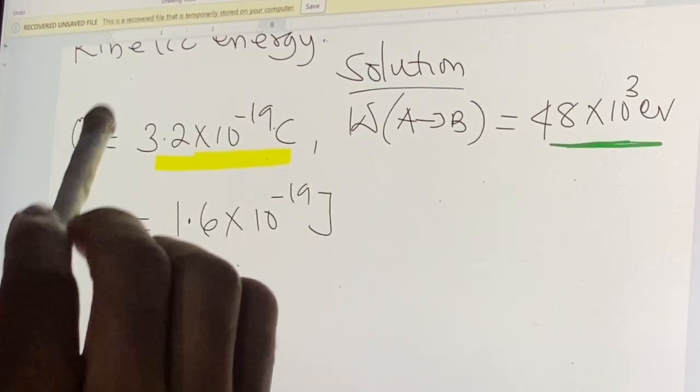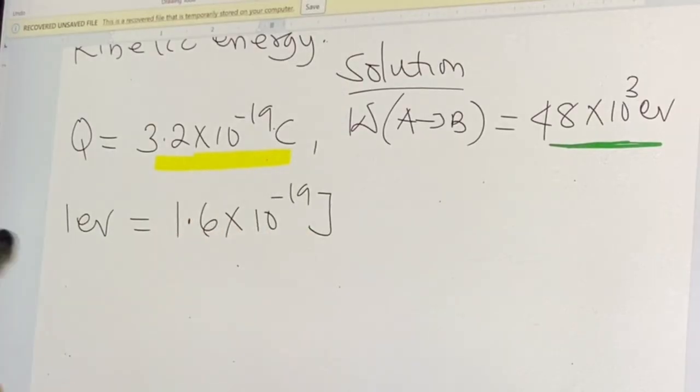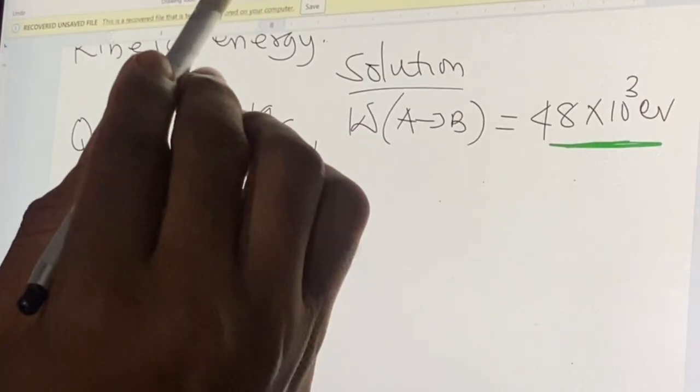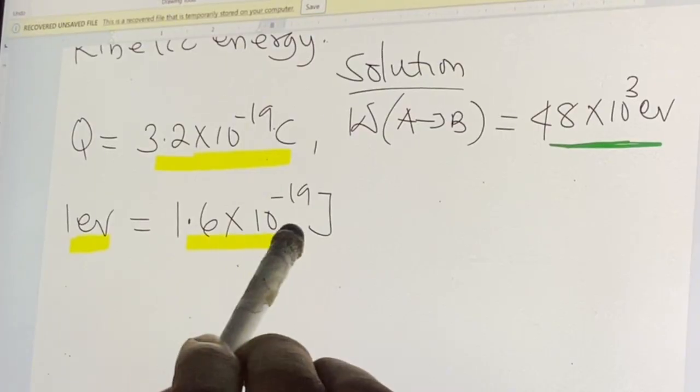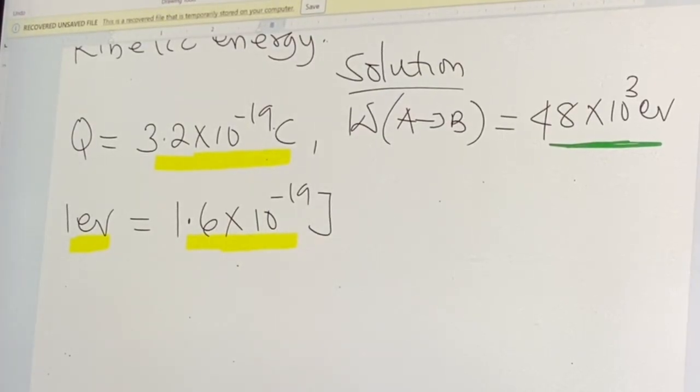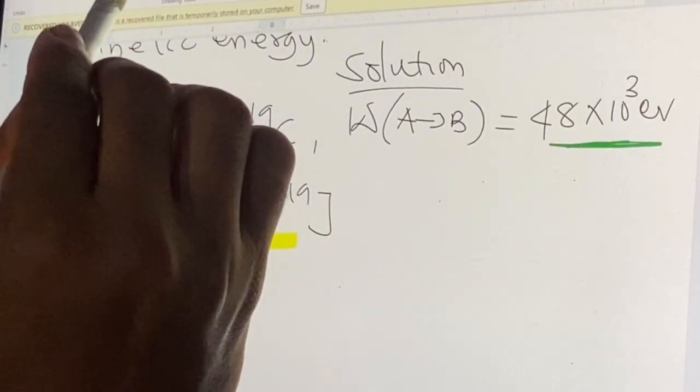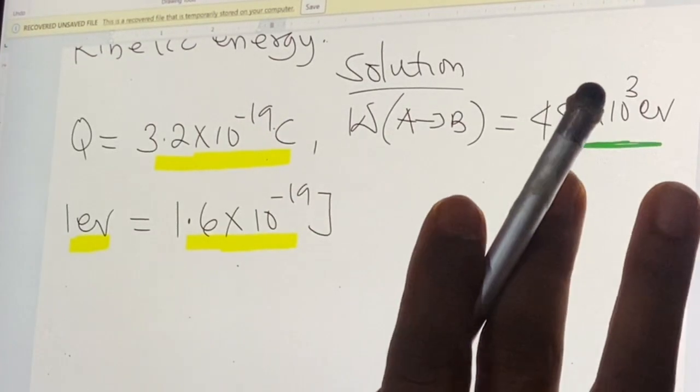So this is the fundamental relationship between electron volt and energy. If that is so here, class, please open your eyes here. But before we convert fully here, I want to illustrate on this.